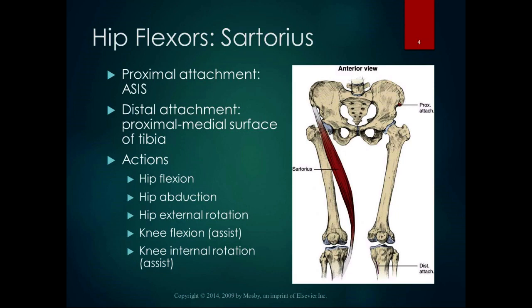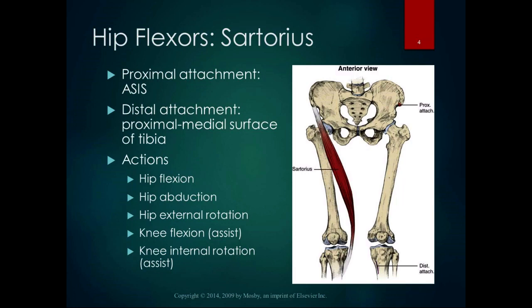So it has a variety of actions. When you see its line of pull, that makes sense. Hip flexion, sure, because it's an anterior muscle. Abduction, because it has a little bit of that medial-lateral line of pull. Since it goes from anterior to posterior, it can do rotation.